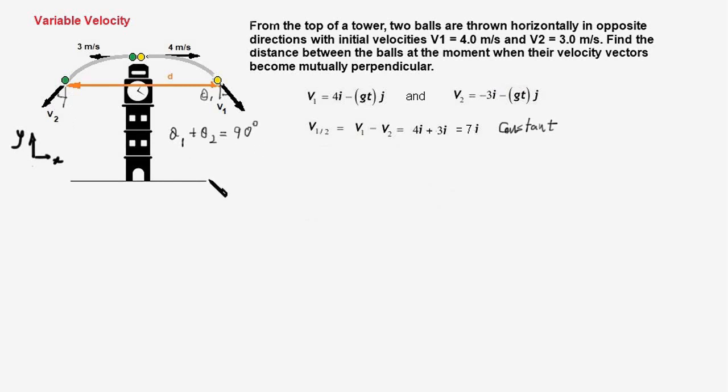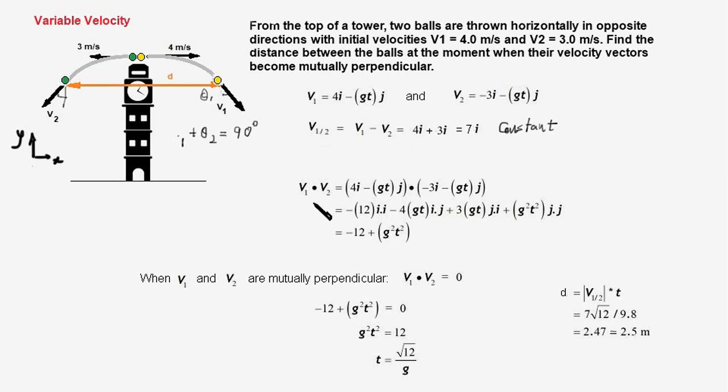So when two vectors are perpendicular to each other, we know that their dot product is equal to 0. This is the basic property of vectors. So let us find out the dot product of v1 and v2. The dot product v1 dot v2 would be this vector dot this vector.